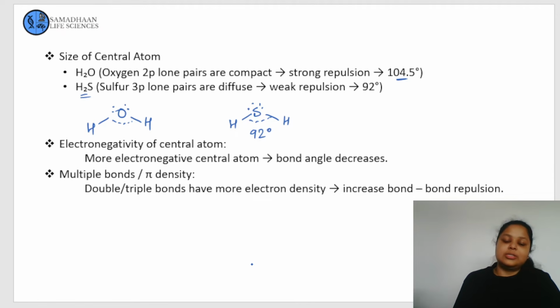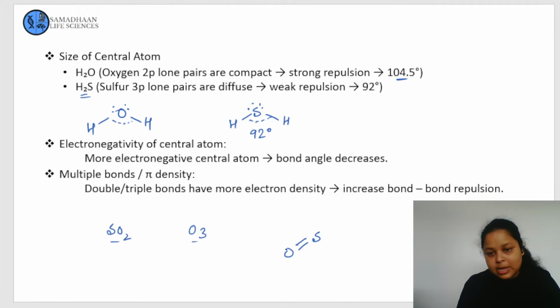The other two factors are electronegativity of the central atom and presence of pi bond. If we take the example of these two molecules, SO2 and O3, both of them are sp2 hybridized. How? Because sulfur has two double bonded oxygens and one lone pair. So this lone pair repels these bonds, but these bonds are pi bonds, so the electron density is more than a normal sigma bond, so these also repel each other.